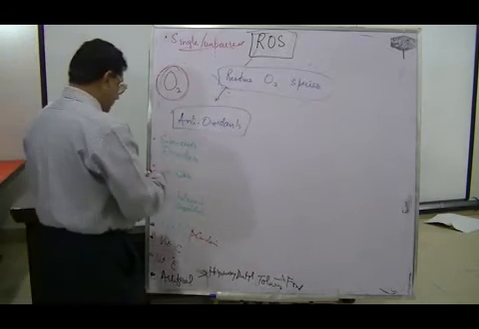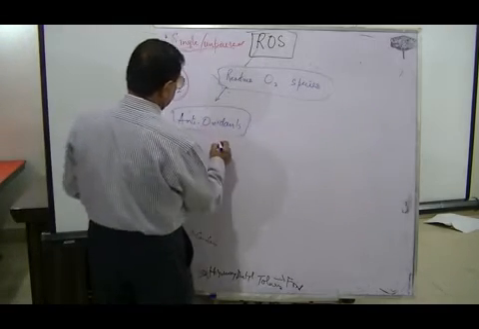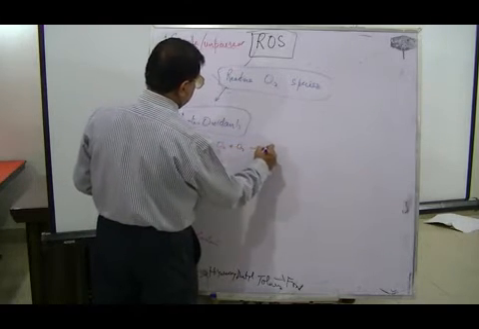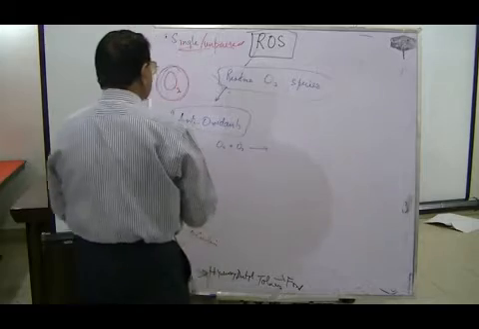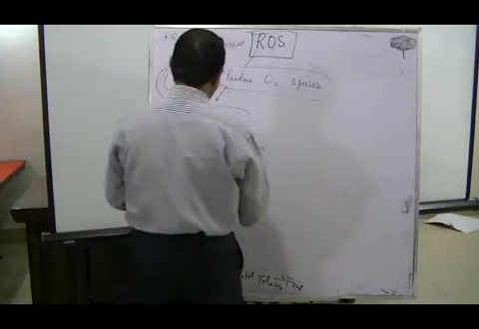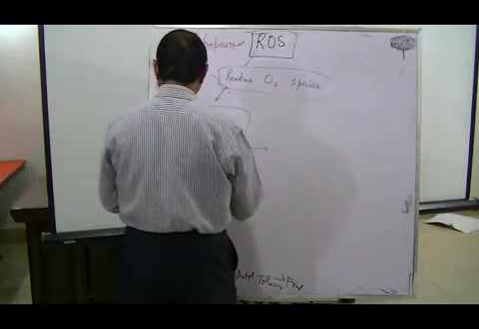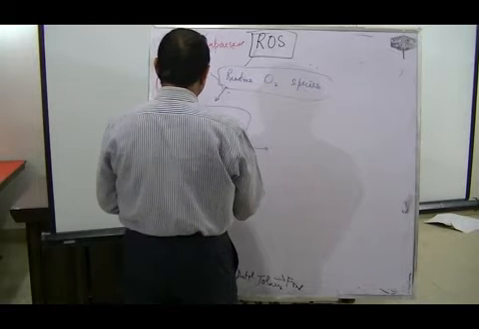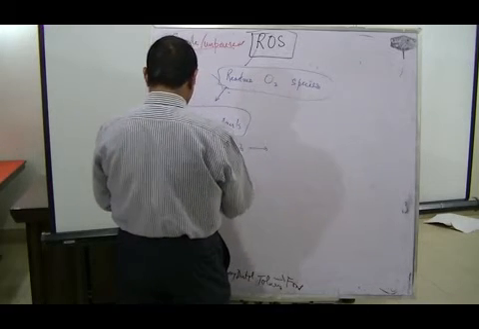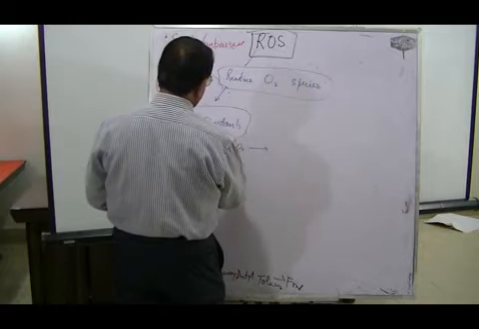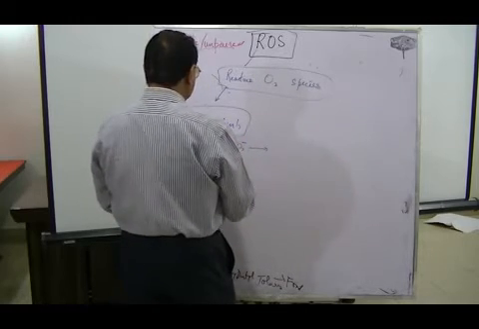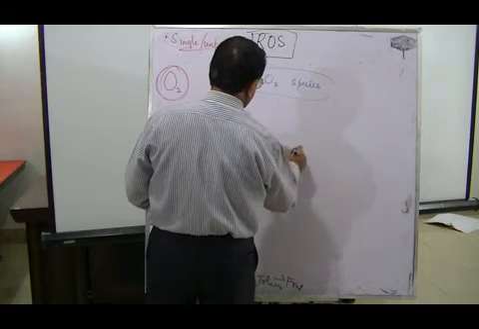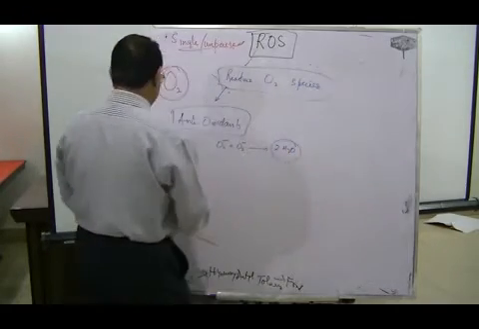Superoxide dismutase acts on these superoxides and converts them, finishing it.